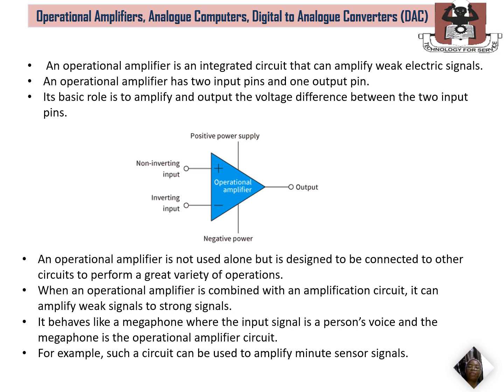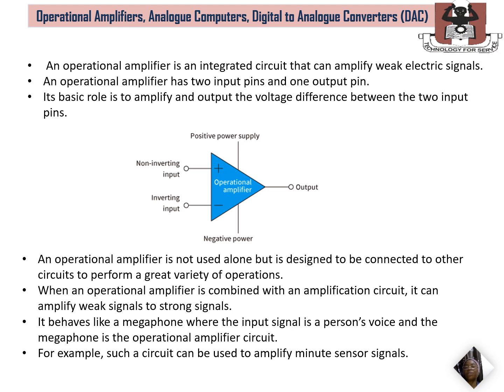An operational amplifier is not used alone, but is designed to be connected to other circuits to perform a great variety of operations. When an operational amplifier is combined with an application circuit, it helps to amplify weak signals to strong signals.